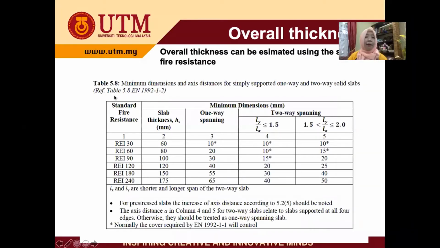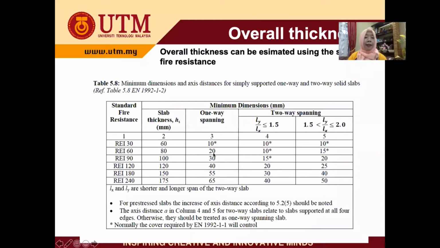Here we have overall thickness. The thickness also can be determined. We have Matthew joining. Okay, besides the L over H just now, we also can determine it by looking at the standard fire resistance that we set for the design. For example, if your fire resistance is 60, the minimum slab thickness is 80 here.